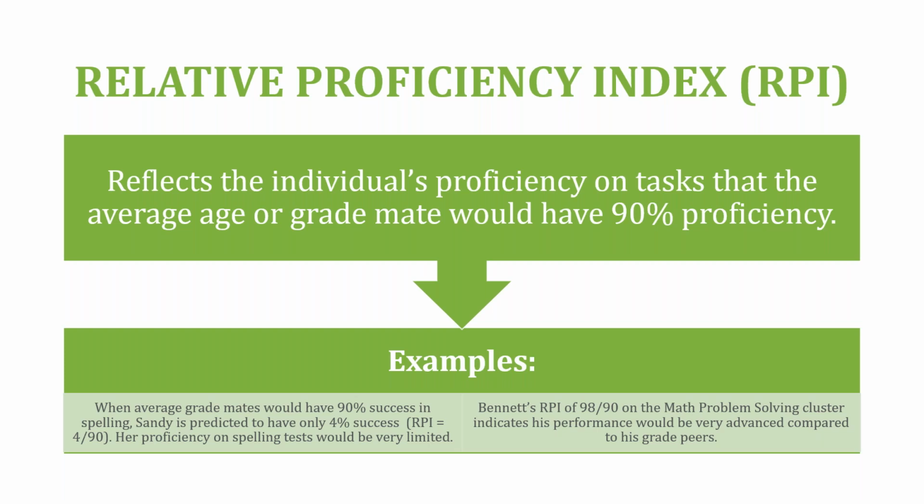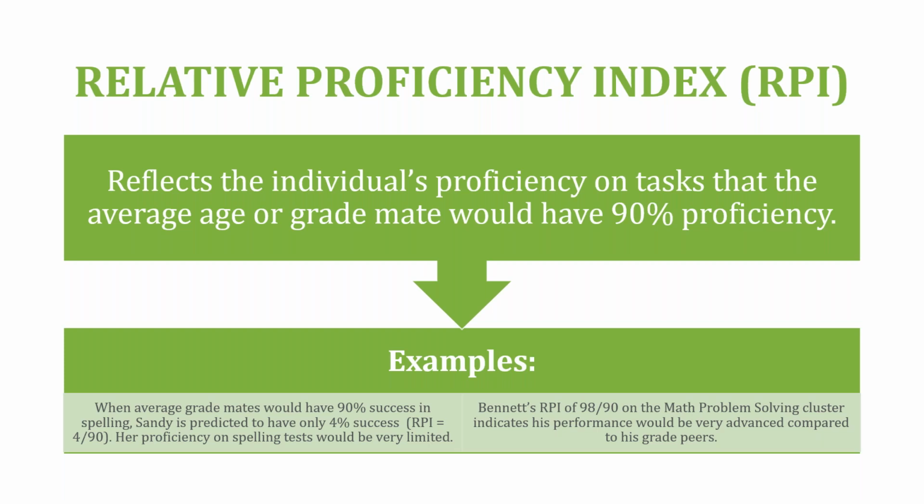There are qualitative descriptors assigned to each level of proficiency. It's presented as a range, and certain RPI ranges are associated with certain qualitative descriptors. So we can say that Sandy has very limited proficiency in those spelling tasks, as she would demonstrate only 4% success on tasks that her same grade mates would demonstrate 90% success.